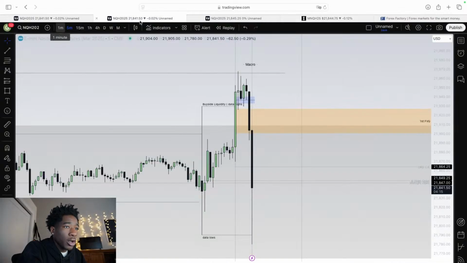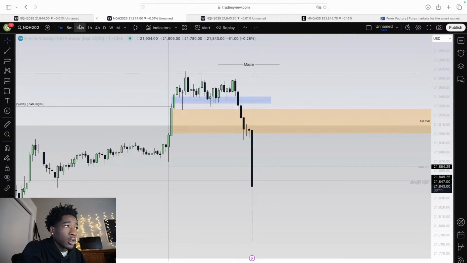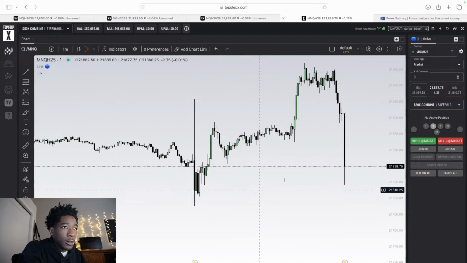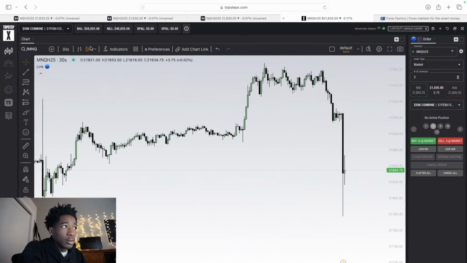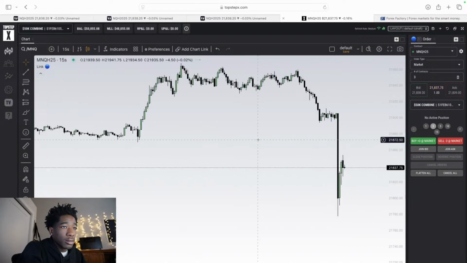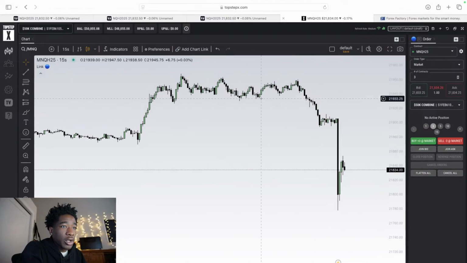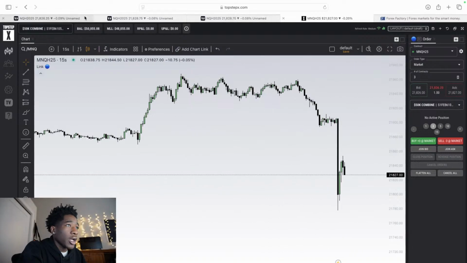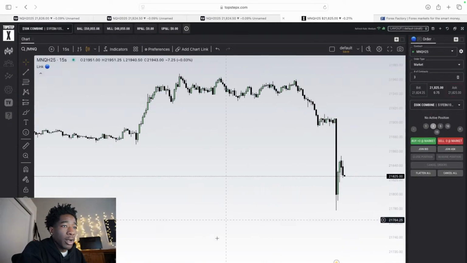We didn't take them out on my broker. We didn't even take them out yet. Yeah, on my broker, I can see this still going lower. I mean, I could take a short here, but my stop would be too wide just to target the data lows again, because on my broker we didn't take them out yet.